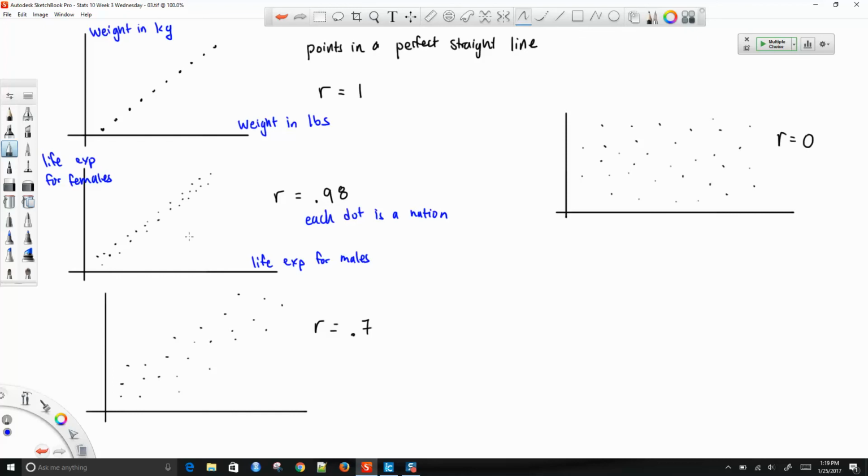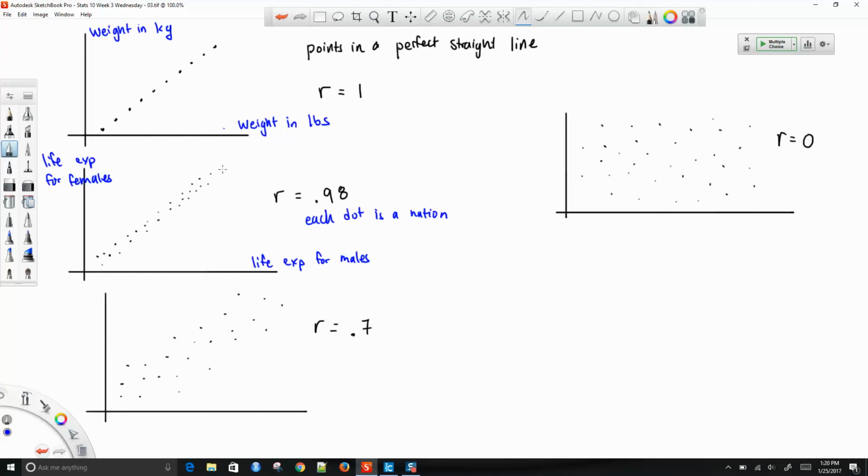We don't expect it to be exactly the same, but we expect it to be very, very close to the other value. We would be surprised if one nation had life expectancy 74 for males and life expectancy for females, you know, 55 or something like that. That would be rather shocking, if there's a huge discrepancy there.